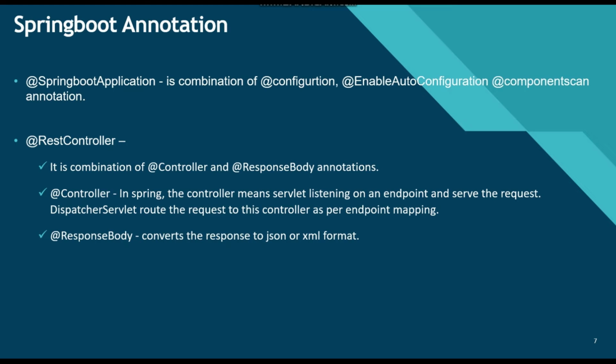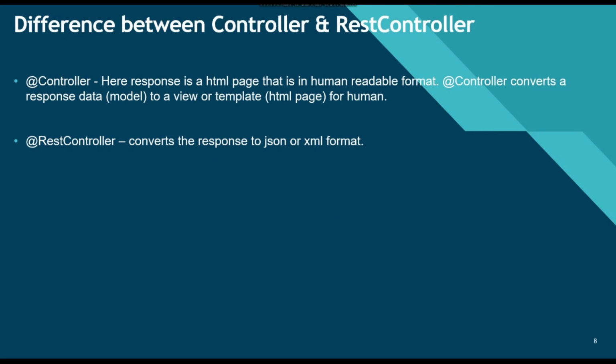If you're familiar with Spring, in Spring the response was always in the form of a view, in the form of JSP or HTML. But here, a REST controller's response is always in JSON or XML format. So what is the difference between a controller annotation and a REST controller annotation?